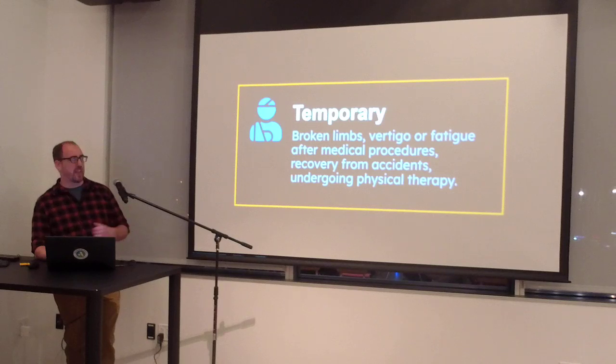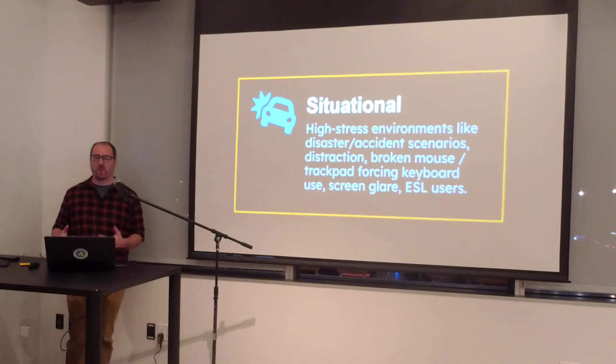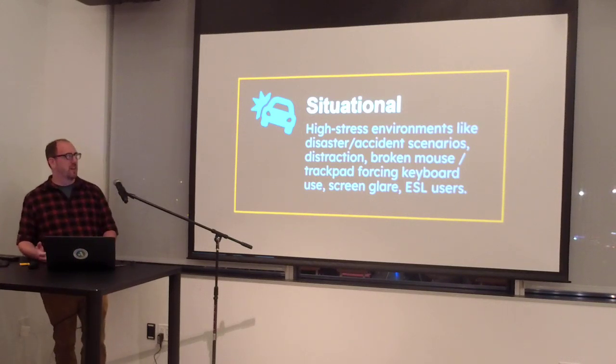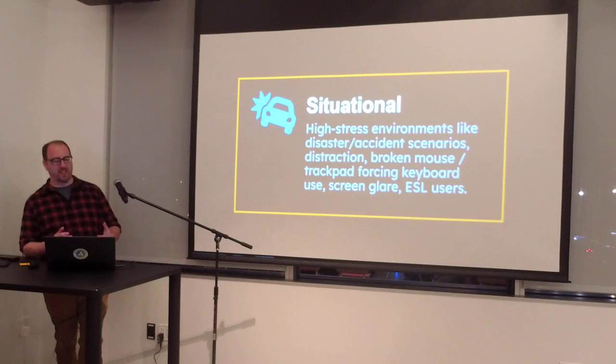There's also an interesting category, the last one, situational or circumstantial. So imagine what happens to your cognitive abilities when you're in a high stress environment, in a disaster zone, distracted, or if your mouse is broken. All of a sudden, you're a keyboard-only user. Your websites, your apps have to be accessible in that way.